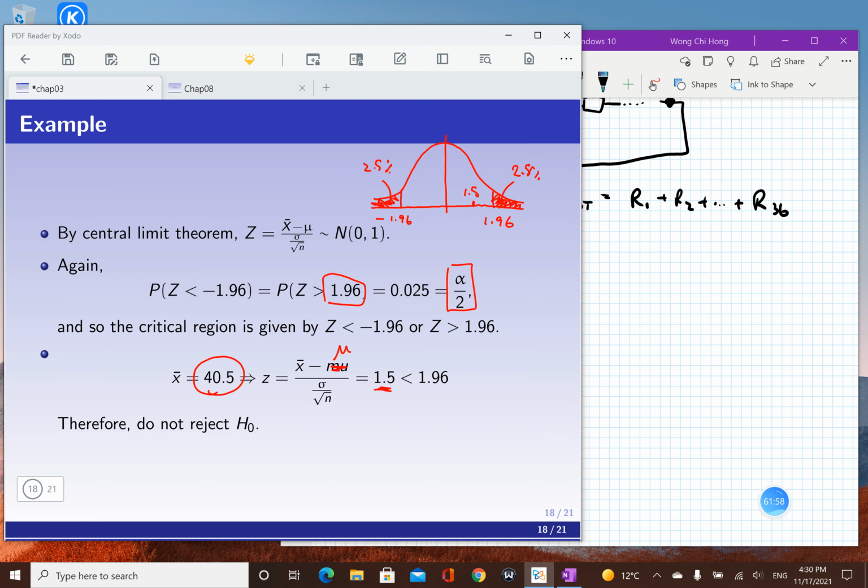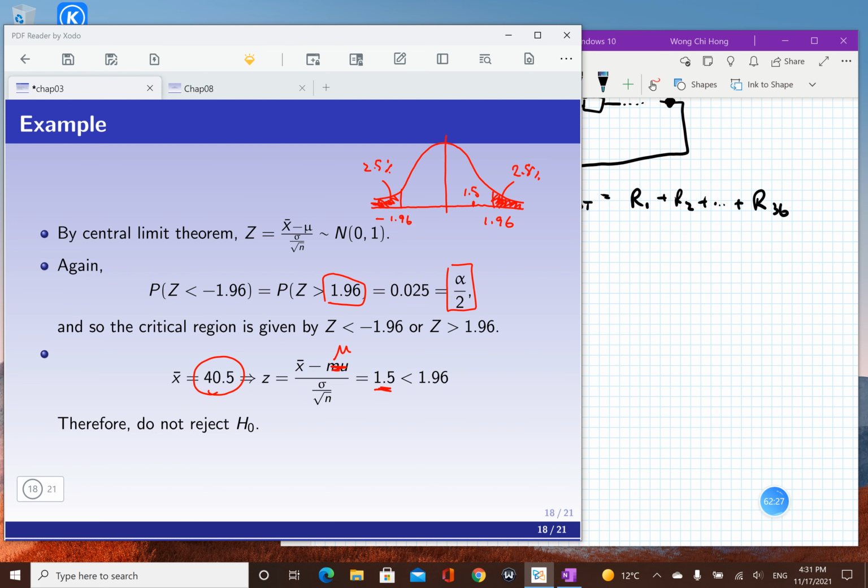We are not rejecting our null hypothesis because of that. Maybe you can argue, if we continue with our experiment, if we have 100 instead of 36, maybe we'll get more reliable results than 36, especially if we're still getting 40.5 for our average.